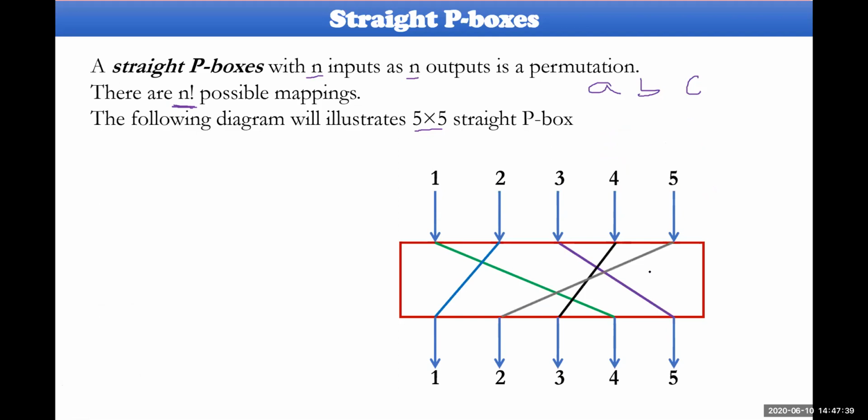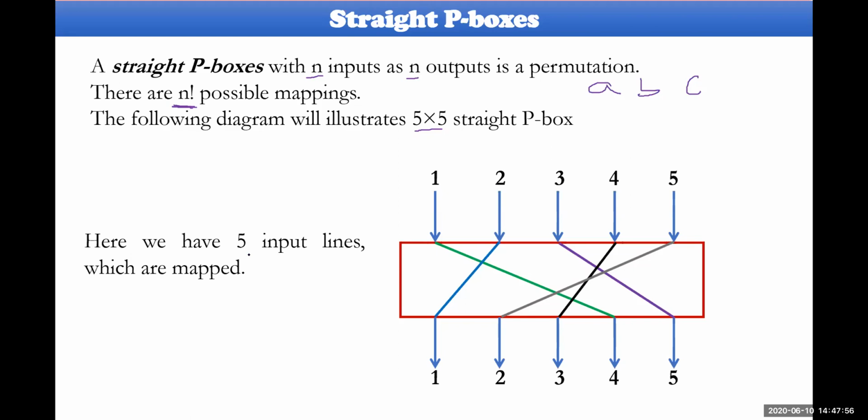This is one combination, not exactly always, but one kind of combination. So the input will be 1, 2, 3, 4, 5, and the output must be 2, 5, 4, 1, 3.